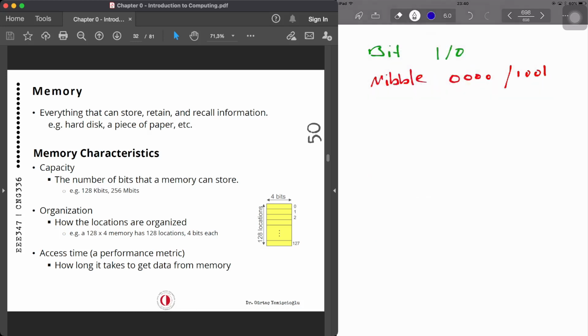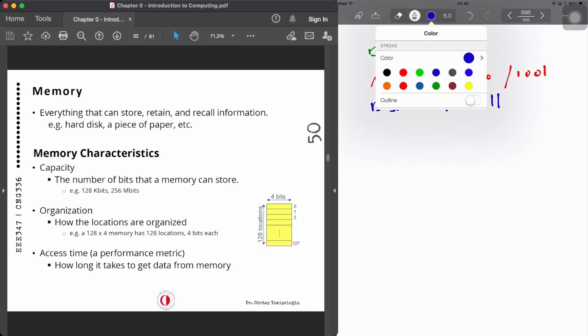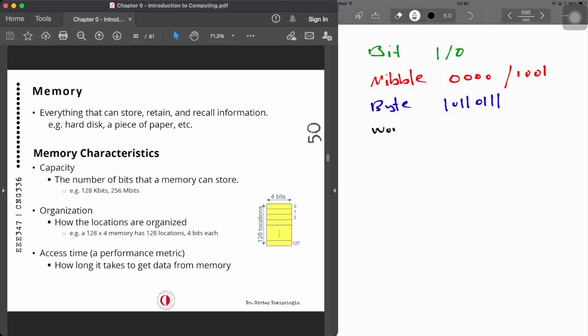Then we also have a byte, which is 8 bits, let's say 1, 0, 1, 1, 0, 1, 1, 0. This is an 8-bit, a byte. And we also have a word, which is 16 bits, for example, 1, 1, 1, 1, 0, 0, 0, 0, 1, 1, 1, 1, 0, 0, 0, 0. So 16 bits gives us the word.